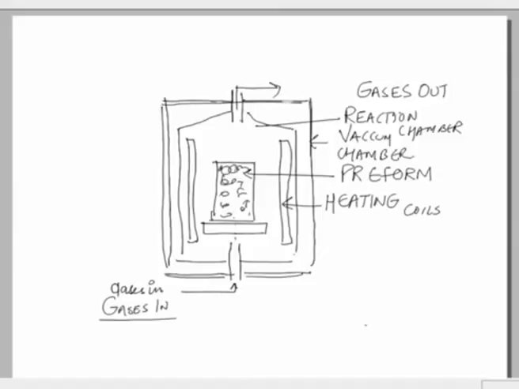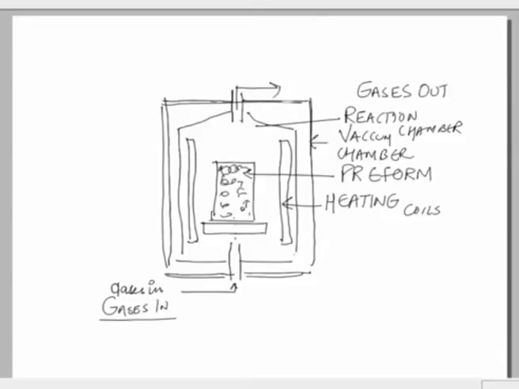So we have a vacuum chamber, we have a reaction chamber in which the actual reaction is taking place, we have a fibrous preform through which we have to pass the gaseous reactants, we have an in feed system through which the gases are entering into the reaction chamber, we have a gases out system or the effluent system in which the gases or the effluents are going out of the reactor.